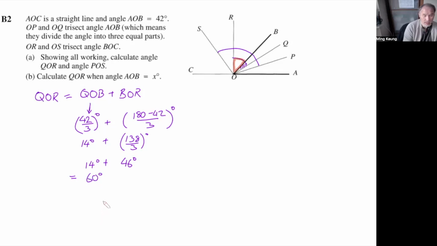So that's QOR. Now, SOP. If you notice that if these two are the same and these two are the same, you can say that SOP equals 2 times QOR.